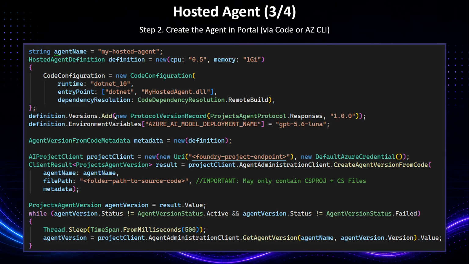We also need to tell what kind of endpoints this agent should expose. In this case, we are exposing the responses endpoint, but it can also do something called activity endpoints and interactive endpoints with the webhooks, but that's beyond this video. We can then on the fly give in environment variables.